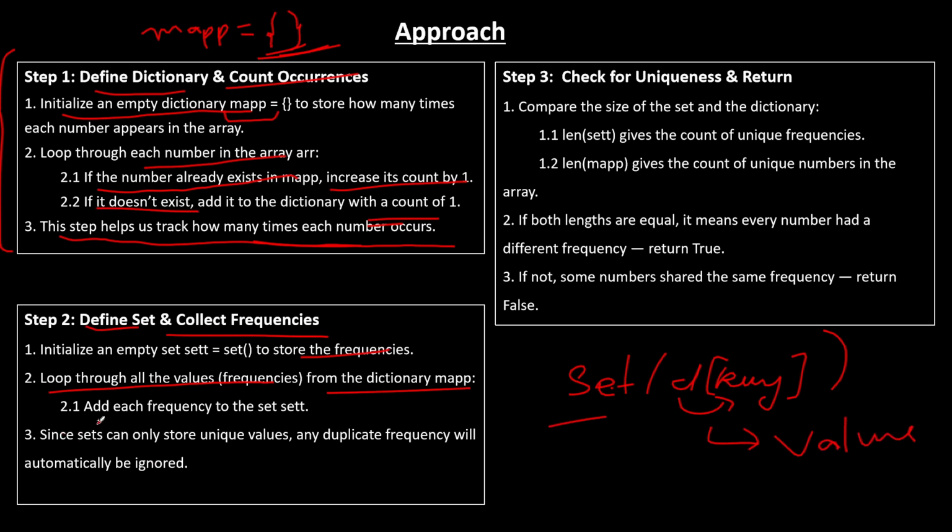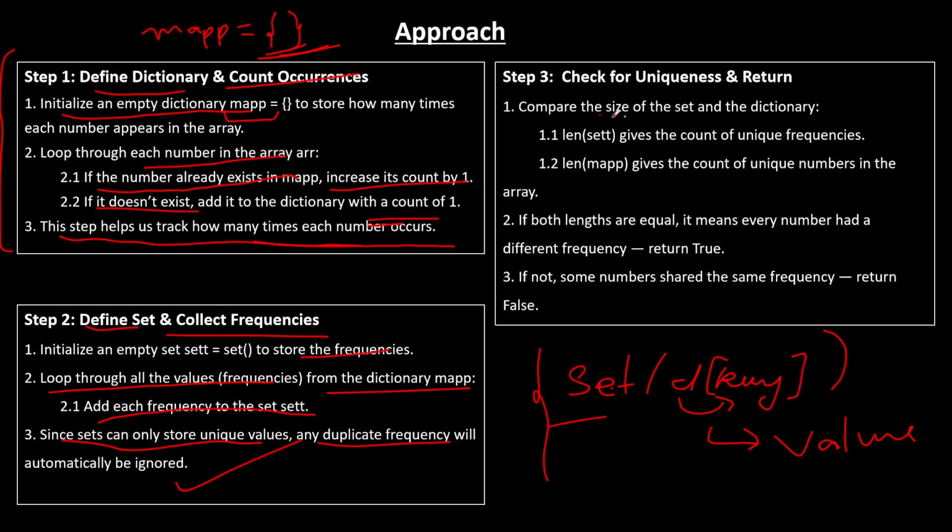This will help us add each frequency to the set. And since a set only stores unique values, any duplicate frequency will automatically be ignored, as we understood in our intuition. So this is very simple. We just put the counts in so that we get only the unique counts.